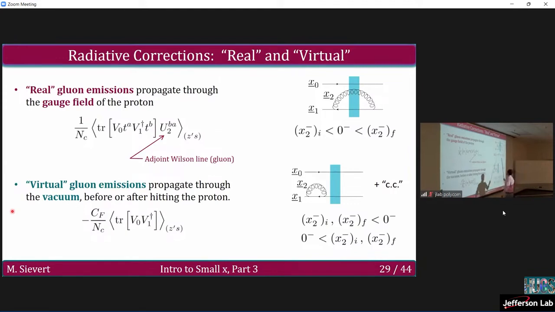The real correction, since the gluon passes through the shock wave, means it was emitted before you hit the proton and it was absorbed after you hit the proton. Those change the operator. Before I had a Wilson line at position 0 for the quark, a Wilson line at position 1 for the antiquark. Now I have a QED vertex with color A, a QCD vertex with color B, and now a Wilson line for the gluon.